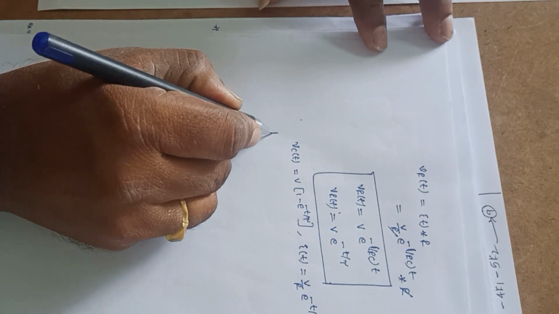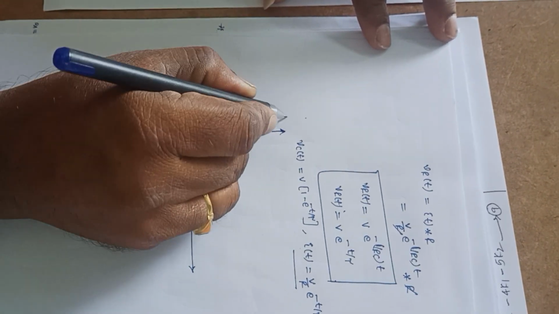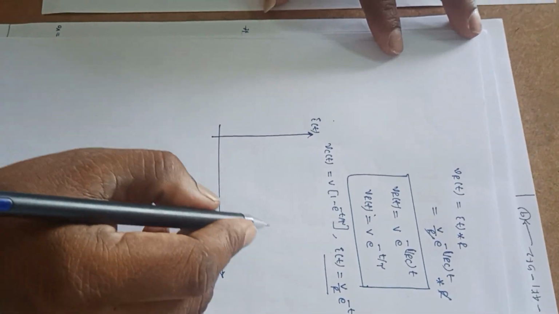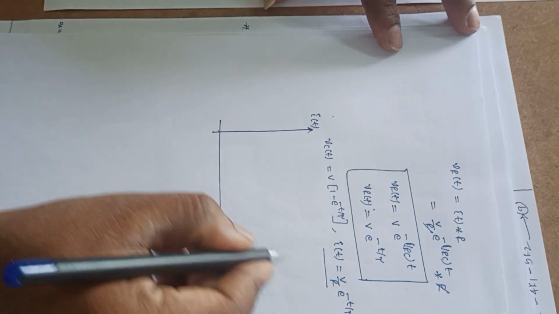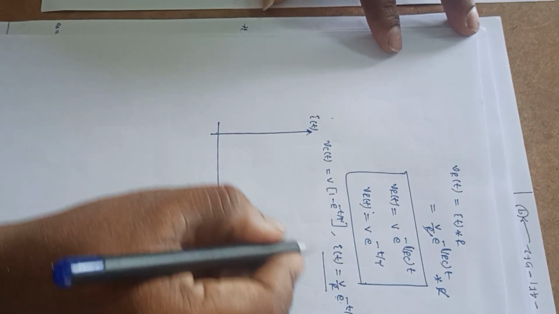So if I want to draw this current I of t with respect to time, now see at t is equal to 0, if I substitute t is equal to 0, e power 0 is 1 into V by R, it is V by R.